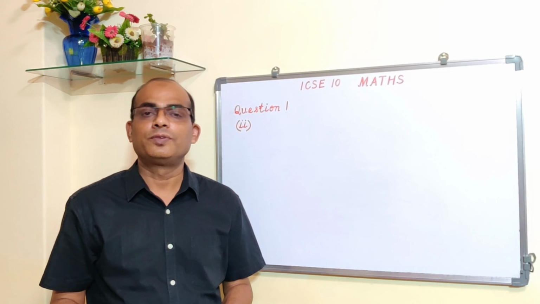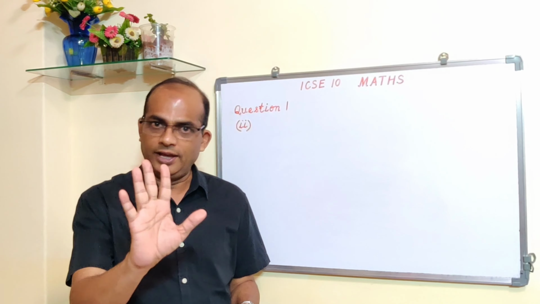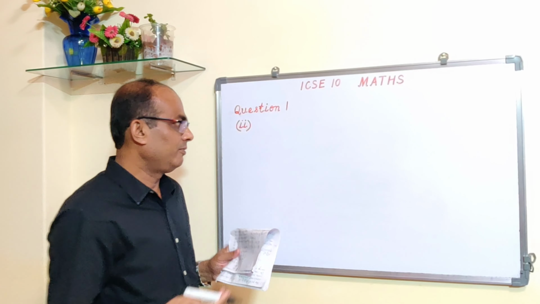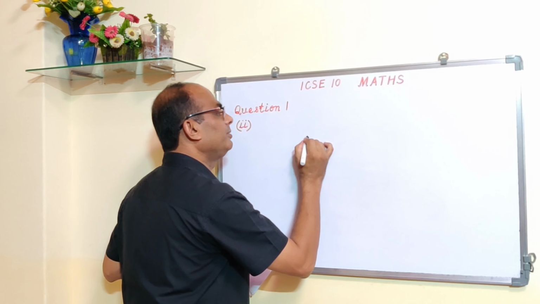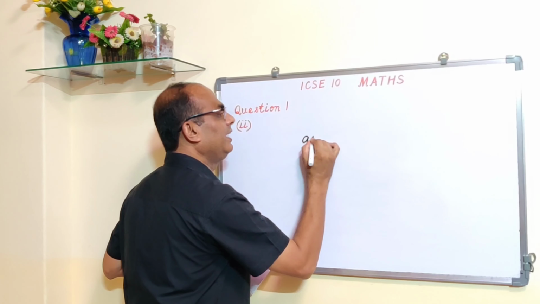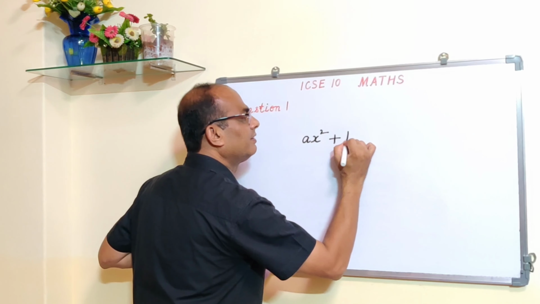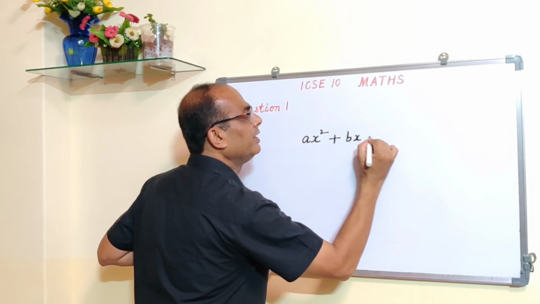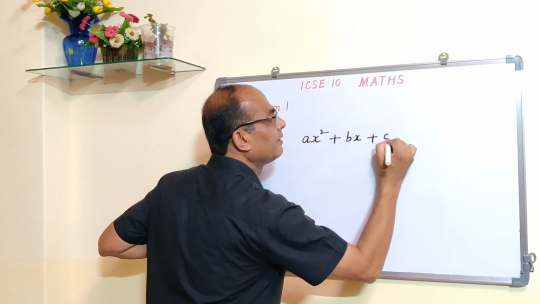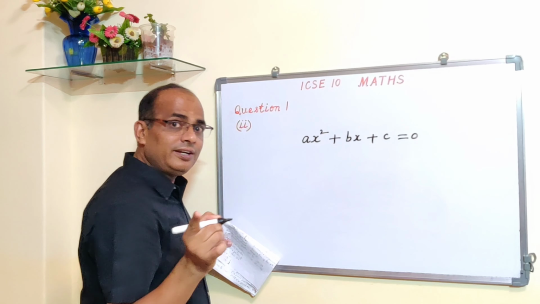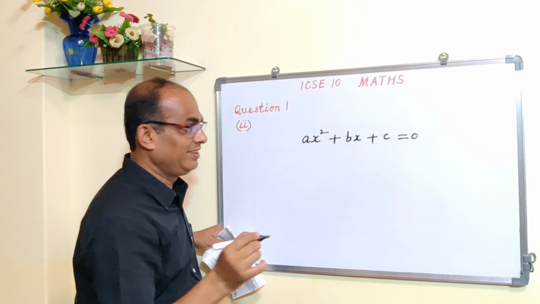the correct option is option C, 0. And a little explanation you see. For a quadratic equation ax square plus bx plus c equal to 0, the discriminant is b square minus 4ac.